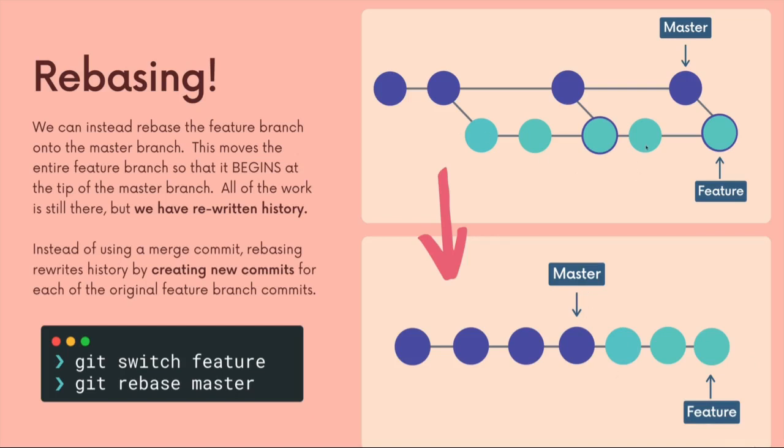So all that work, however many commits I have on my feature branch, that work is not going to be destroyed or anything like that, but the commits are going to be recreated and they're going to be added to the tip of my master branch. So we end up with a linear structure.